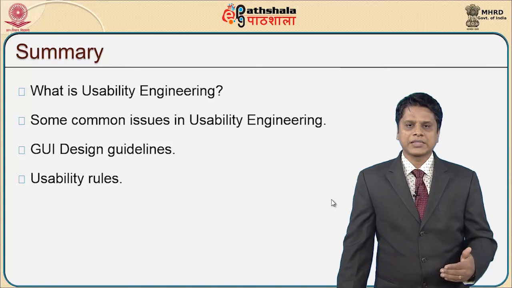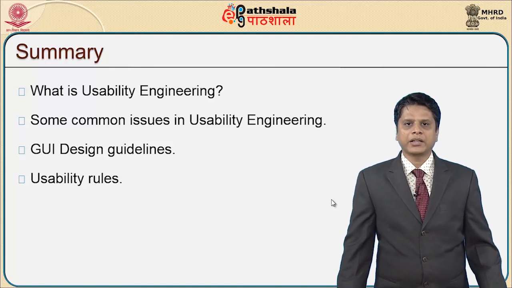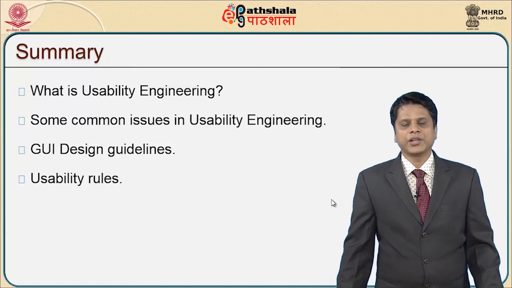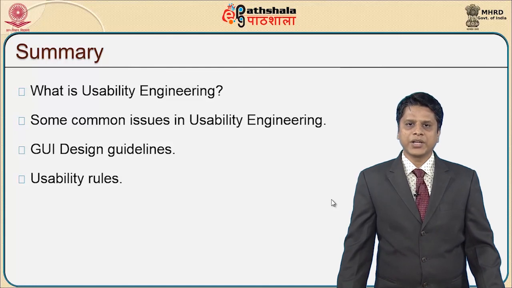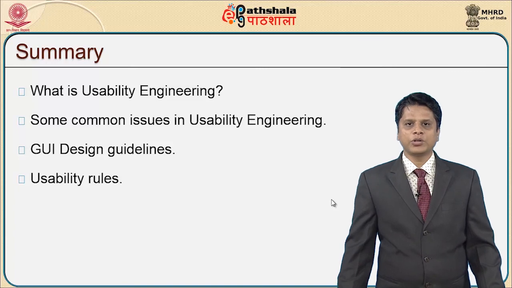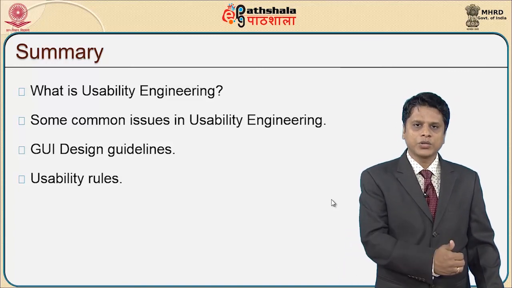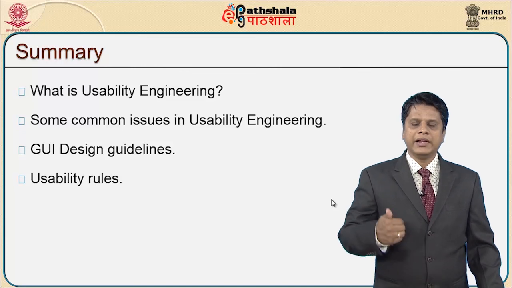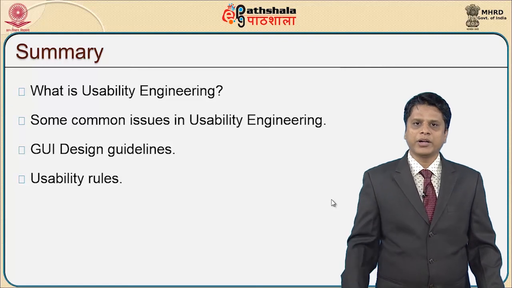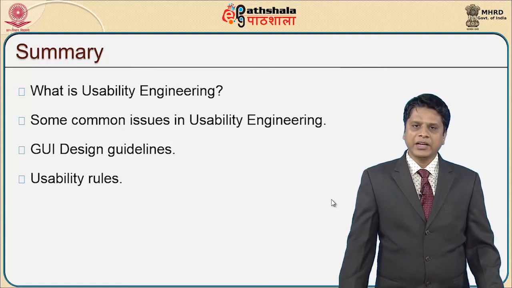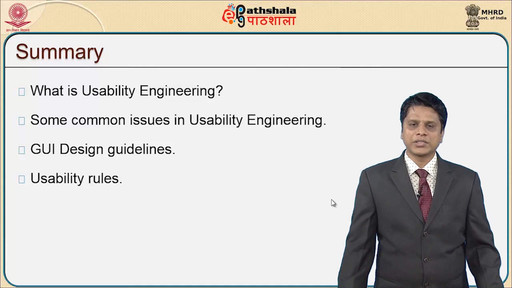In this session, we have looked at usability and usability engineering, the common issues it deals with, and several guidelines that we may have to follow, from color codes and formats to fonts and languages, as appropriate for the system being developed. And finally, we have looked at 10 different golden rules that we may have to follow from the usability and usability engineering perspective. Thank you.